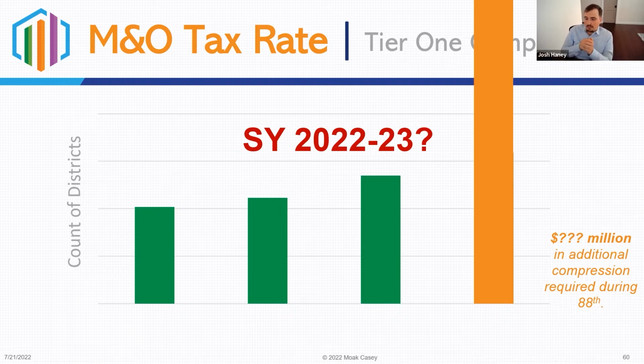But there's almost certainly going to be more than 0.03 additional statewide compression taken off once they pass the budget for the 88th session. So this is going to be an additional cost for the state.